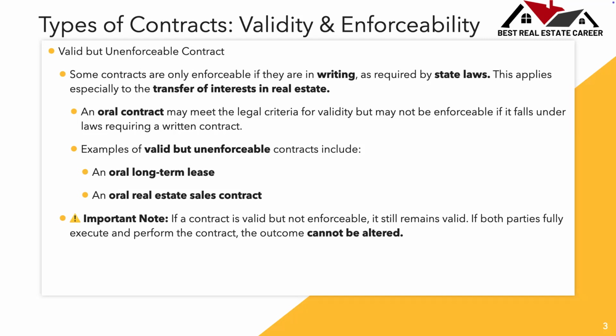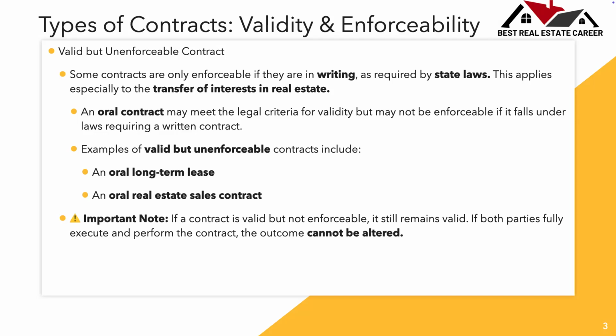When the buyer and the seller come together and put together a contract to buy and sell, and when we're doing deeds, these must be in writing to be enforceable. We do know that there are oral contracts, and an oral contract can meet all the legal criteria for validity, yet it may not be enforceable.